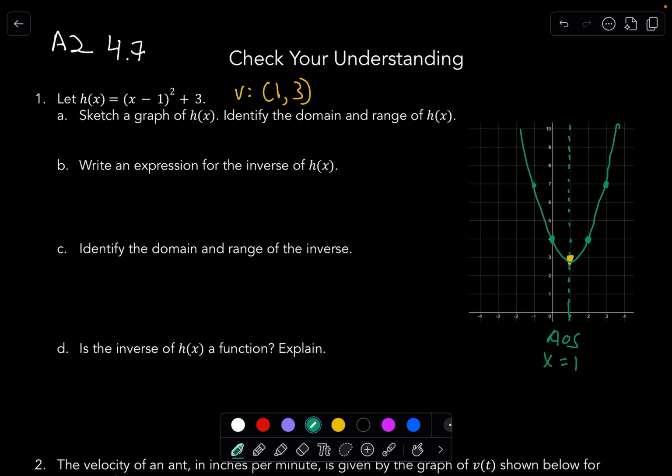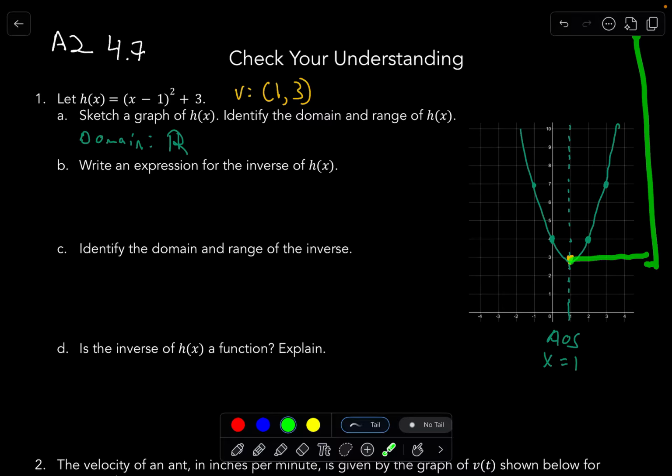Okay. Identify the domain and range. Well, the domain is going to be all real numbers, because remember, no matter how far we go along the x-axis, you can always square whatever number you're at and get another real number. So it'll just keep getting bigger and bigger, and it goes both ways. So it's all real numbers.